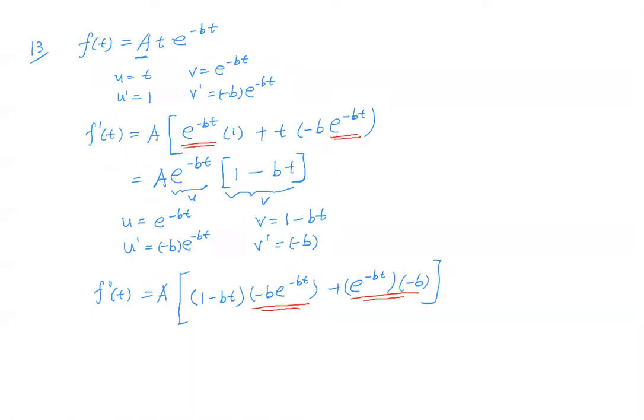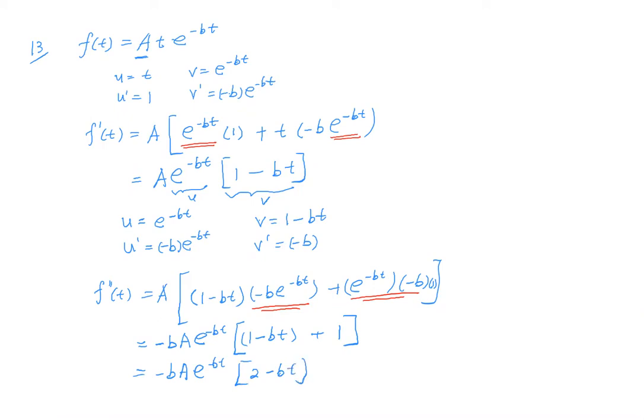So I have negative B. Always write the constant first, then write down this one. Open bracket, 1 minus BT plus, if you take out the whole thing, the coefficient here is still 1. So that's how you get your answer. So you just have to be very patient. 1 plus 1 is 2.